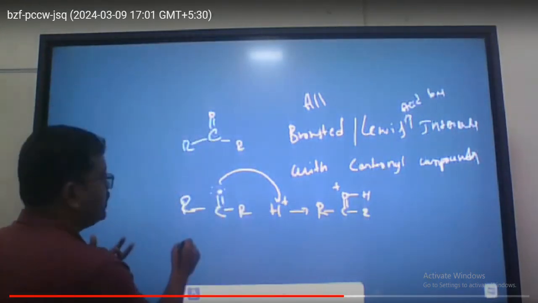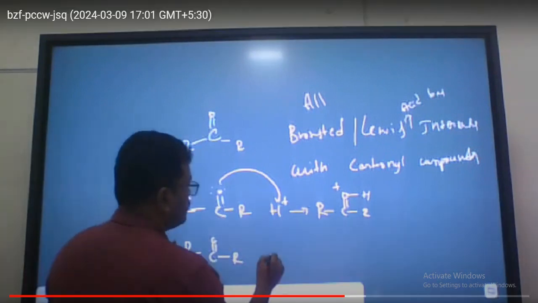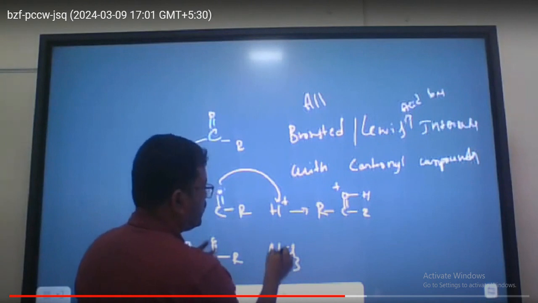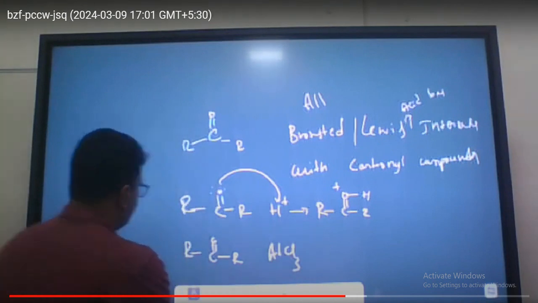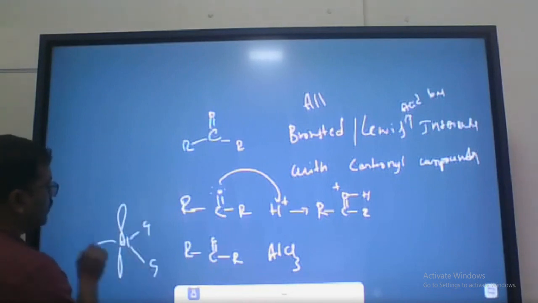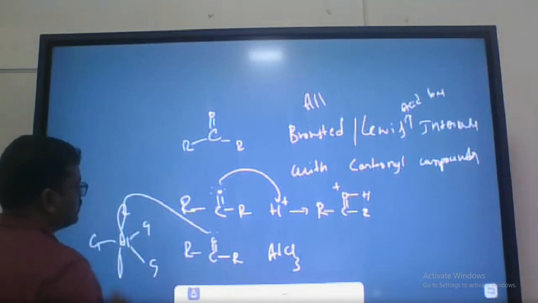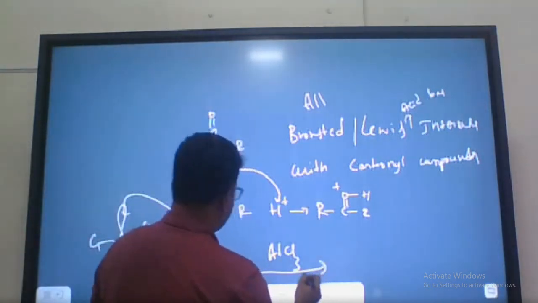Even in Lewis acid, Lewis base, aluminum trifluoride has an empty p orbital. We know this, if you write aluminum, it has an empty p orbital like this, and fluorine. It takes this like that.